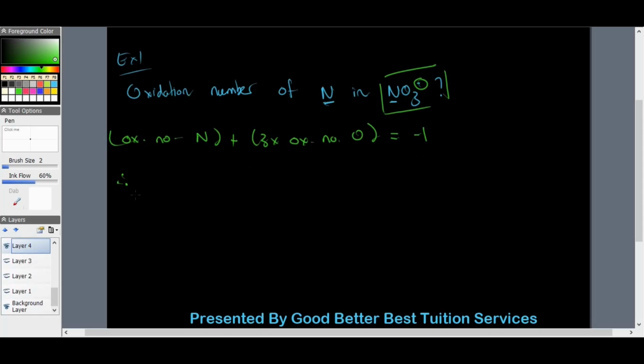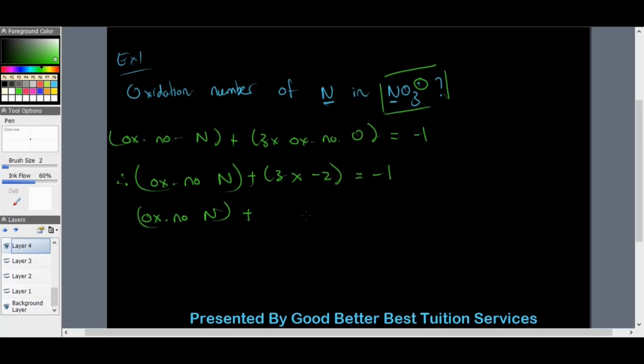When it comes to substituting in, the oxidation number of nitrogen is still unknown. We want to add that to 3 times -2, and that must equal -1. Let's keep the unknown in brackets for now.